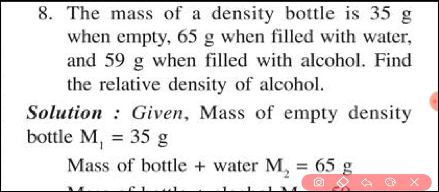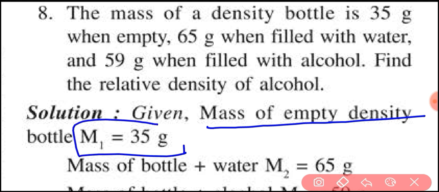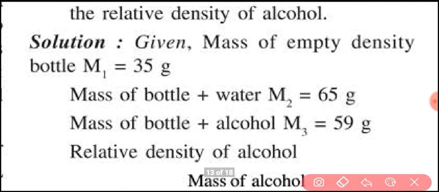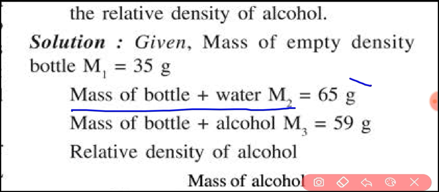Given that mass of empty density bottle, that is M1, is 35 gram. Mass of bottle plus water, M2, is equal to 65 gram. Then mass of bottle plus alcohol, M3, is 59 gram.